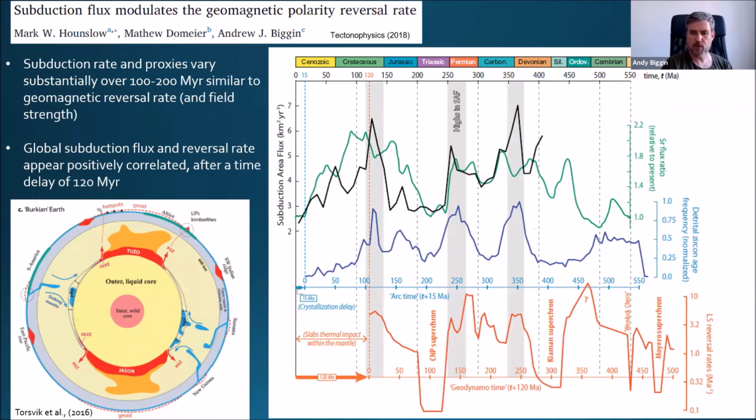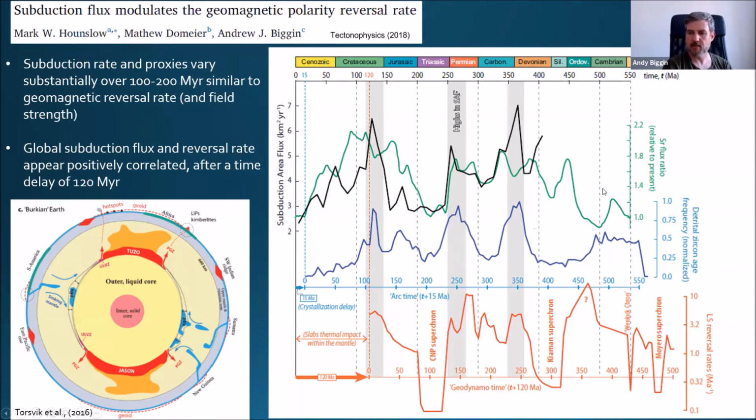As our measure of subduction flux, we just looked at the area of subduction predicted by a global plate tectonic model going back 400 million years. This is the Matthews et al. model, and then we used a couple of proxies to verify how good this relationship was.